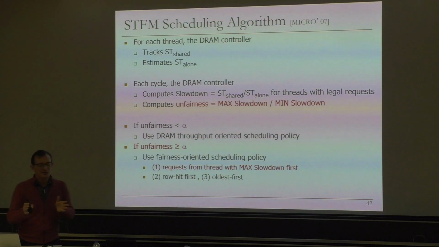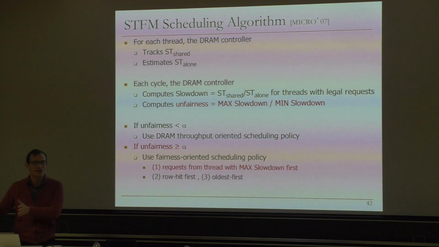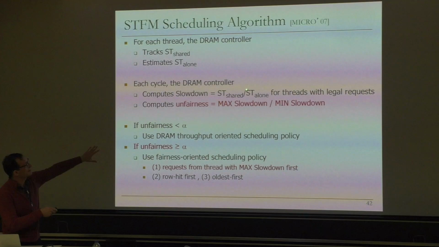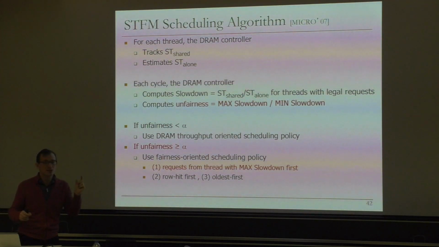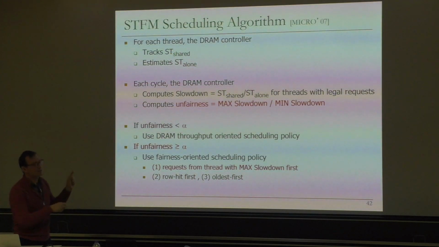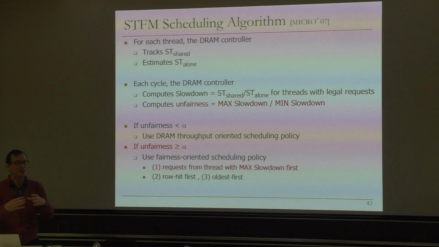Some part of that is really needed when you're running alone. Some part of that is not needed. Some part of it is caused because somebody is interfering with you. We call this the excess stall time, and we reduce the stall time alone estimation problem to the estimation of the excess stall time. Basically, stall time alone equals stall time shared minus some excess, extra stall time that you're waiting because somebody is interfering with you.